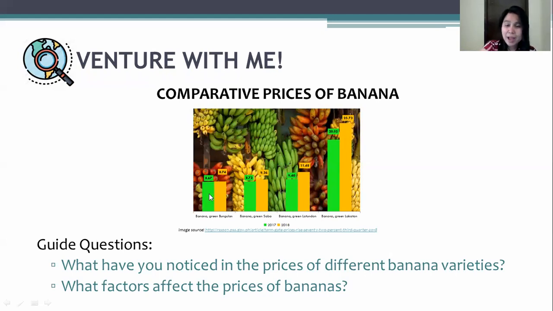Like in this graph, if you see in 2017, the green one, you'll see the price of the banana is going up. Then for the yellow, for 2018, in different varieties of bananas, it also varies. So what could have been the affecting factors?